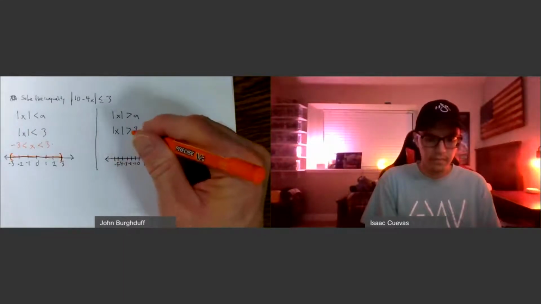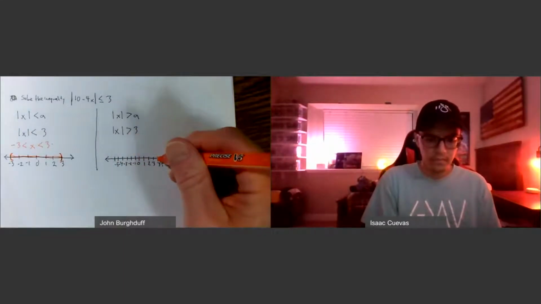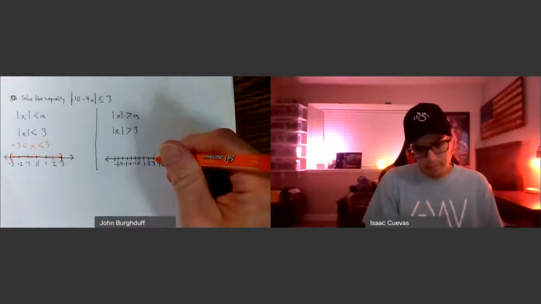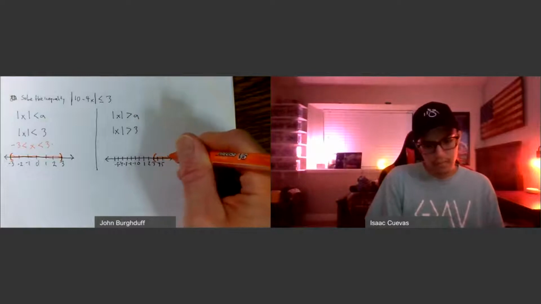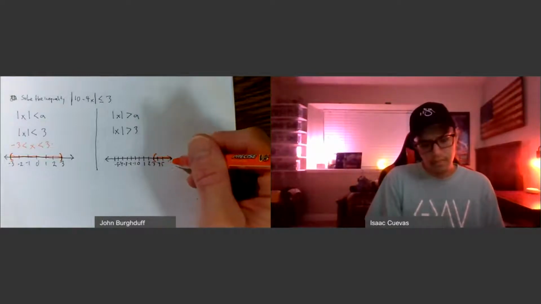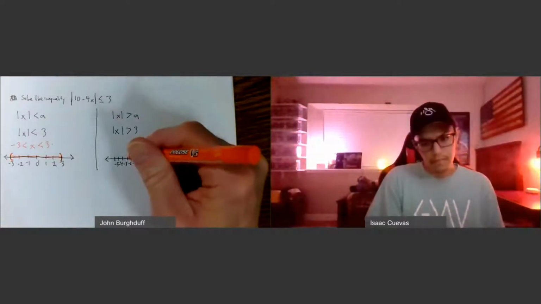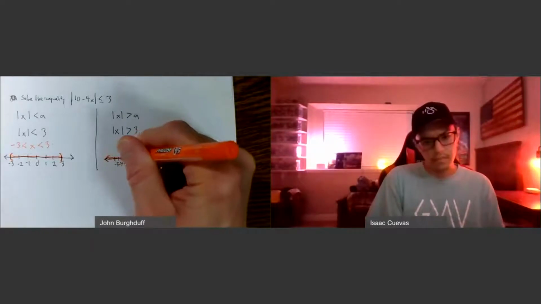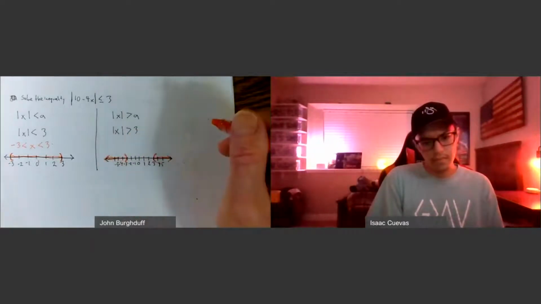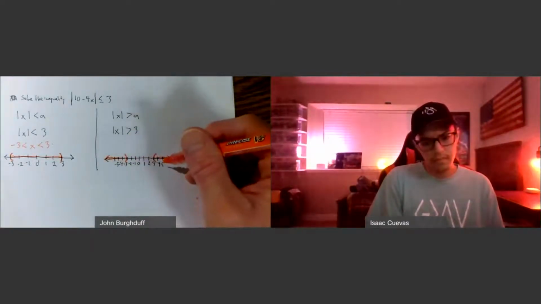Well, actually not negative 3, because it's not equal to. Basically, anything that is bigger than 3 would work. So anything here, 4, 5, 6, 7, 8, or anything less than negative 3 would also work. Negative 4, negative 5, negative 6, all of those have an absolute value greater than 3.